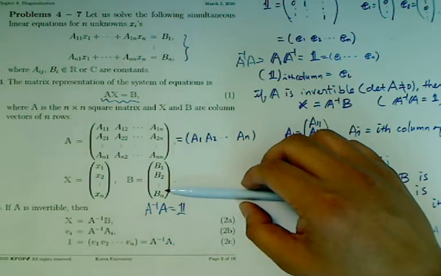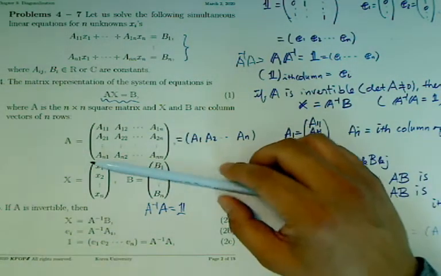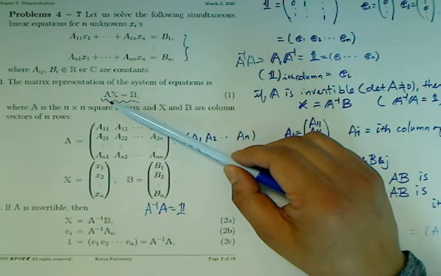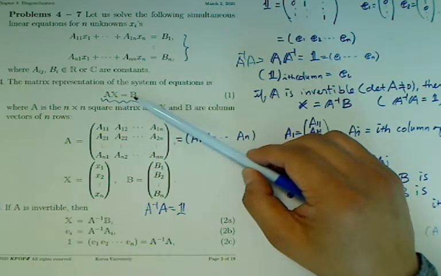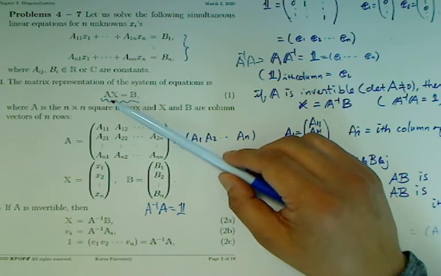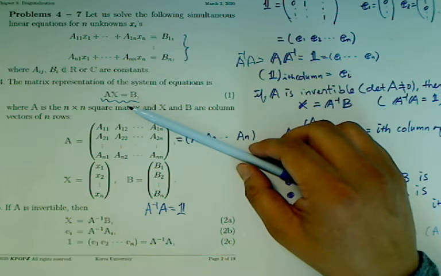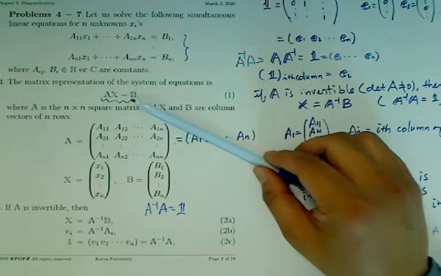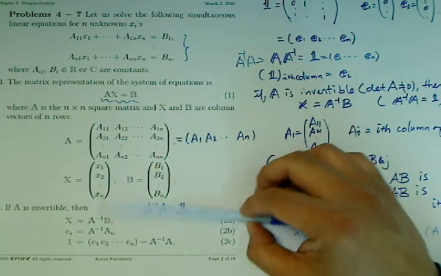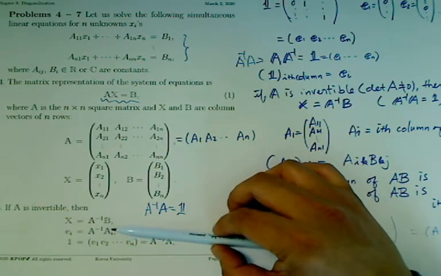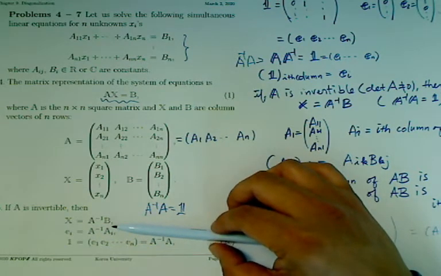All right. Then this matrix equation becomes A times x equals b. A is the n by n matrix, x is a column matrix with n elements, and b is a column matrix with n elements. The solution to this equation is x equals A inverse b, as far as A is invertible.